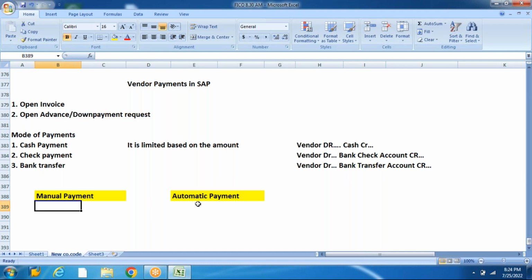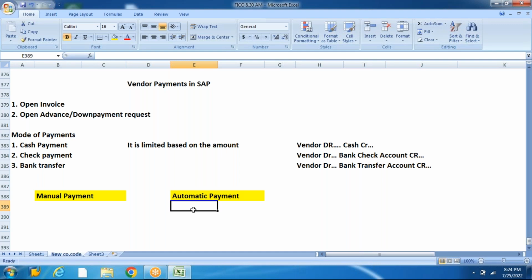Now, when it comes to your automatic payment, when do you say the payment is completed from the system point of view? Only when the accounting entry is recorded. Am I right? Yes, sir. If my accounting entry is not created, I will not say that payment is completed. I will settle the amount only when the accounting entry is posted.